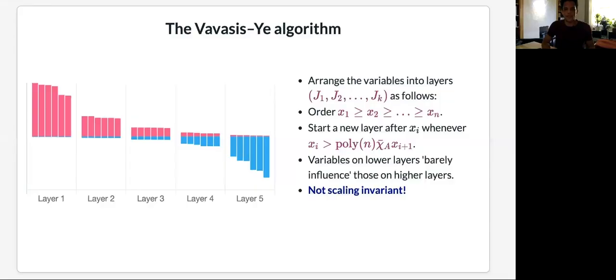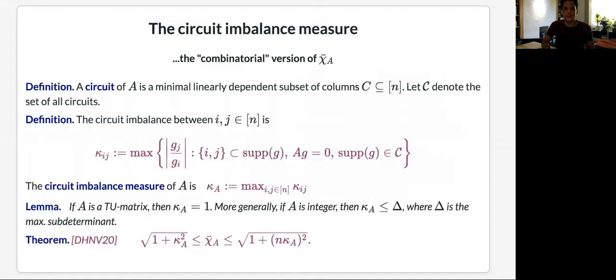Before we explain how we make our algorithm scaling invariant, we need a new notion, and that is the circuit imbalance measure, which is essentially the combinatorial version of chi-bar. So we define the standard independence matroid on the columns of the matrix A and look at the circuits of this matroid.